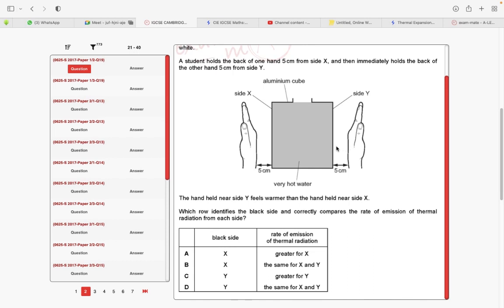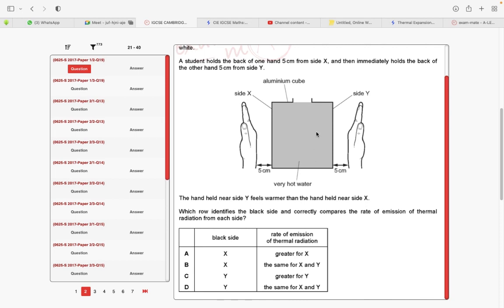But what does white do with the heat, in general, ignoring this question, if it reflects it? Yes, when you reflect the heat, then definitely this one will feel hotter or warmer.